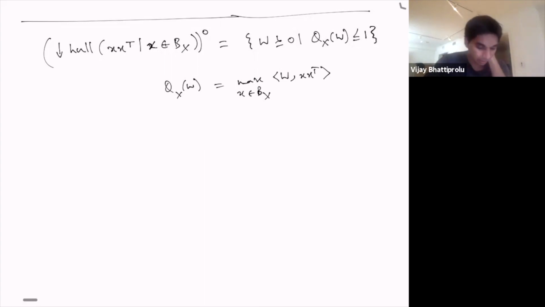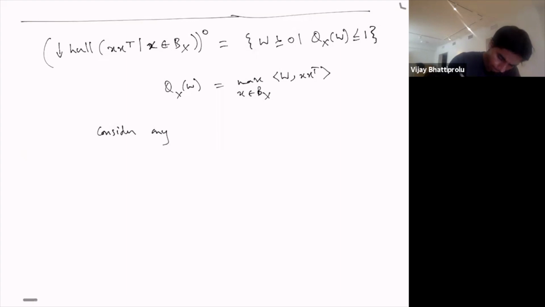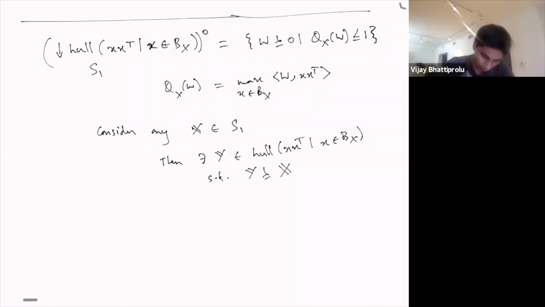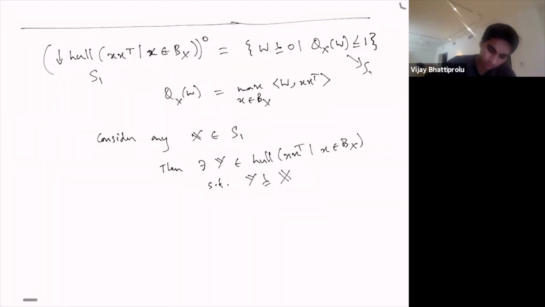Yeah, so let's prove it. So consider any X in, let's call this S1. Then by definition of downward closure, there exists Y belonging to the hull of XX transpose, such that X is in BX, such that Y dominates X. Now consider any W inside, let's call this S2.